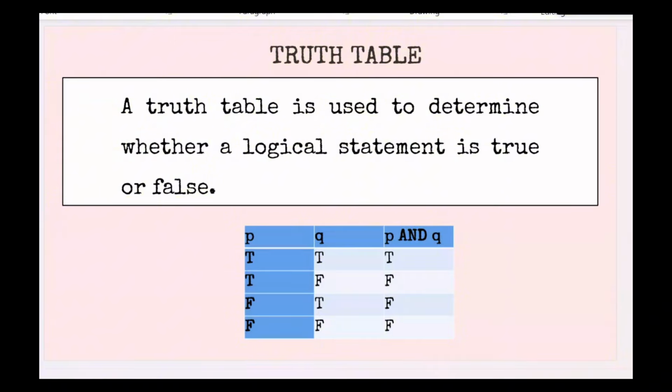If P is true, Q is false, the result is false. If P is false, Q is true, the result is false. If P is false and Q is false, the result is false.